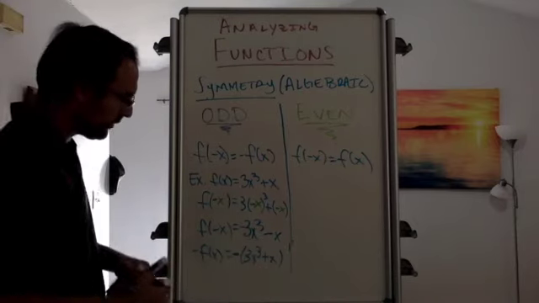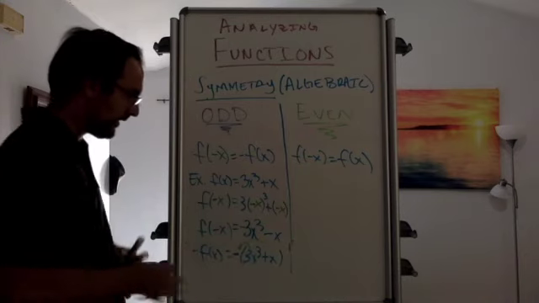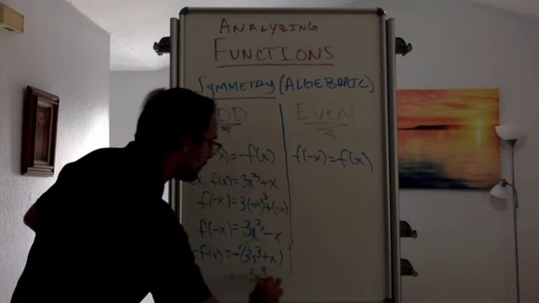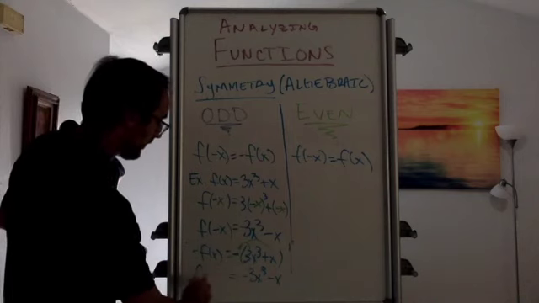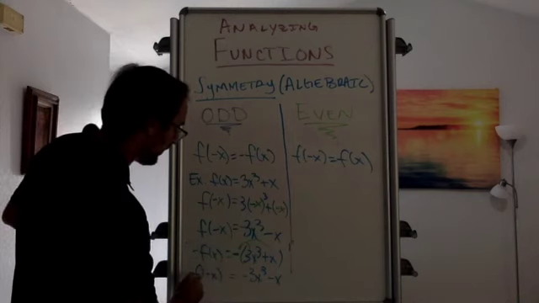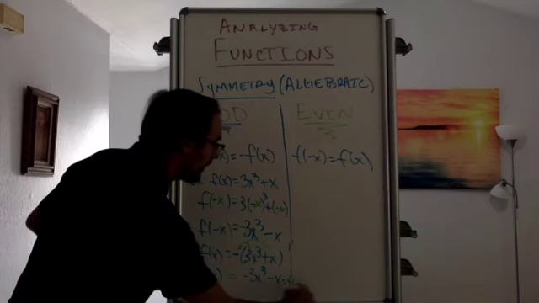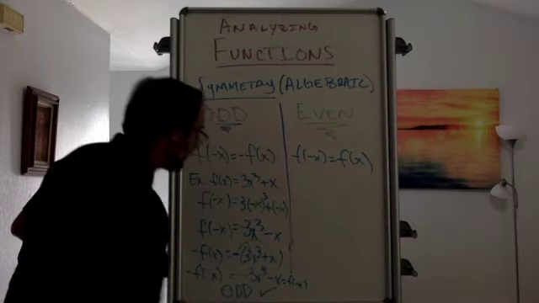All I would have to do is distribute this negative here and here, and then I would see that I'm going to get the same thing. Negative 3x cubed plus negative x gives me the same thing as f of negative x. So negative f of x equals f of negative x. So that tells me that it is an odd function. You can check there.